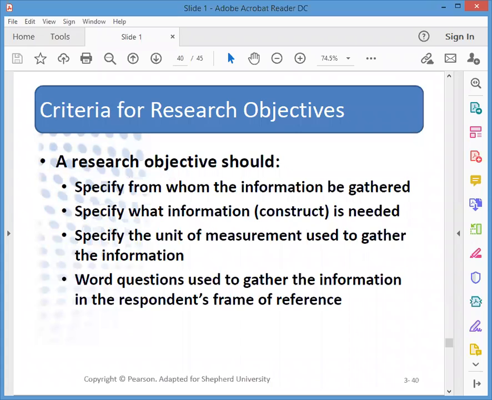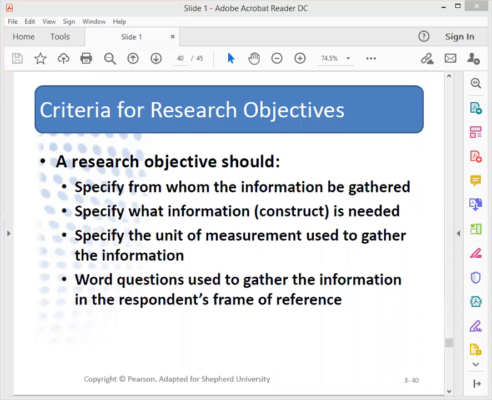So again, the research objective should say who we're getting the information from, what information we need, the unit of measure, and we have to word the questions in the respondent's frame of reference.